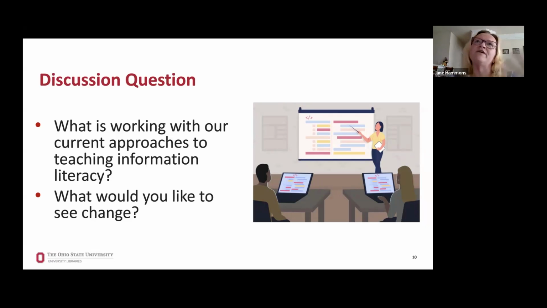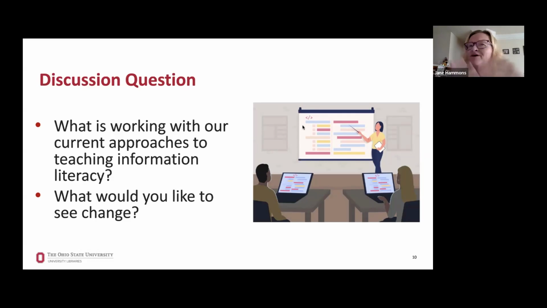And so I think that we really have made a lot of strides as a profession in terms of thinking about ourselves as teachers, learning more about pedagogy, not that we weren't before; there've always been librarians who have been great teachers. But I think that within the profession as a whole, I have seen a lot of interest in teaching that I think is very positive.